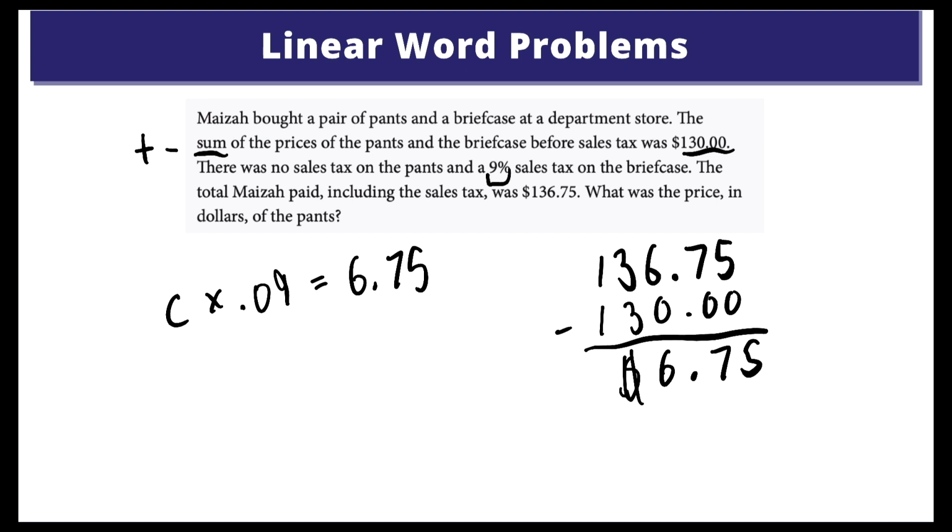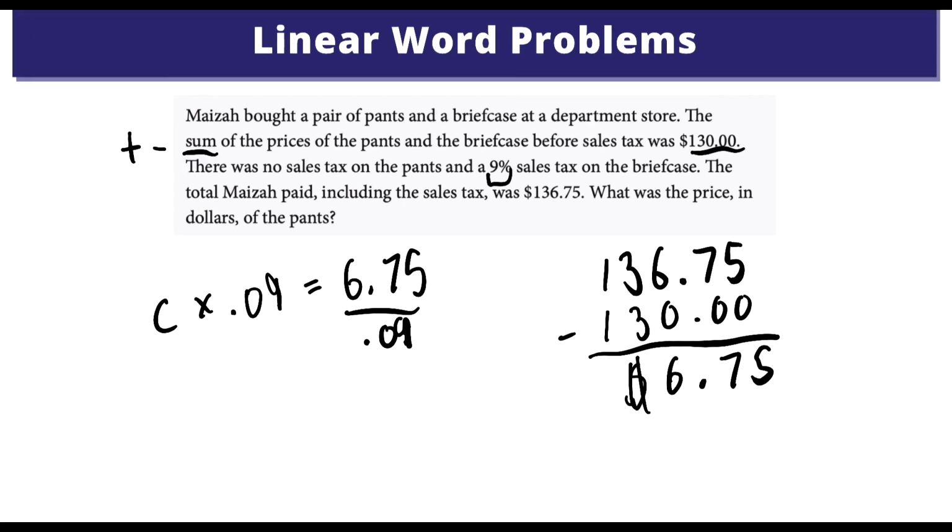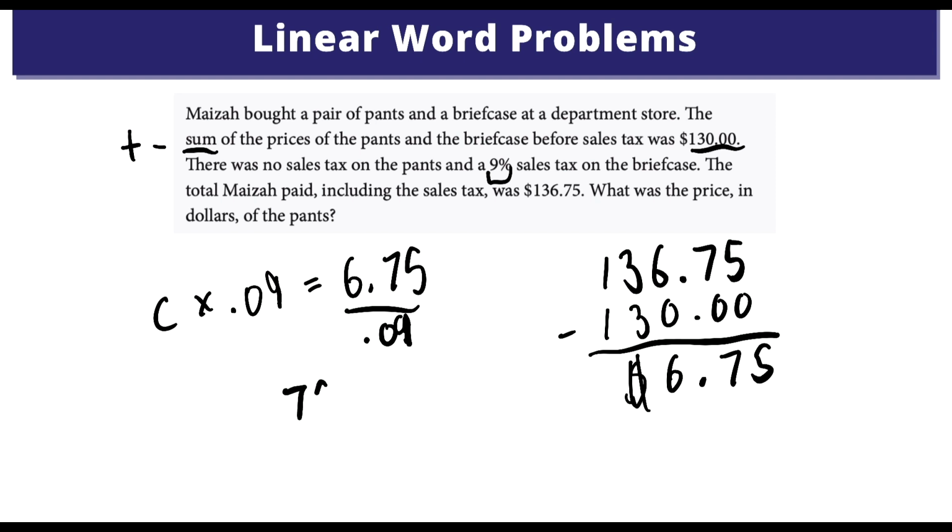Okay, so now we just need to isolate the C. So let's divide 0.09 on both sides. What do we get? We get $75. So that means the briefcase was $75.